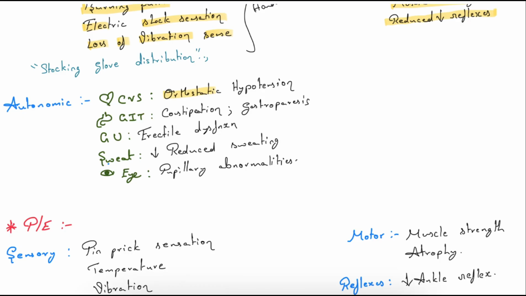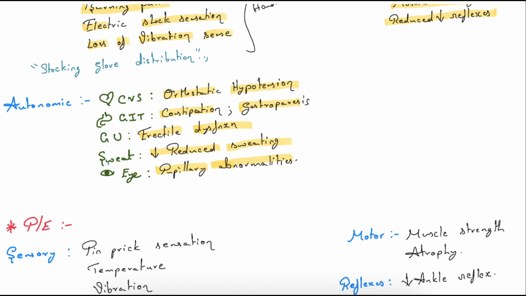In cardiovascular system, we can see orthostatic hypotension. Next one, gastrointestinal. The patient will get constipation and gastroparesis. Next one, genitourinary, we can see erectile dysfunction. And in sweat, we can see reduced sweating, and eye pupillary abnormalities we can see in autonomic dysfunction.